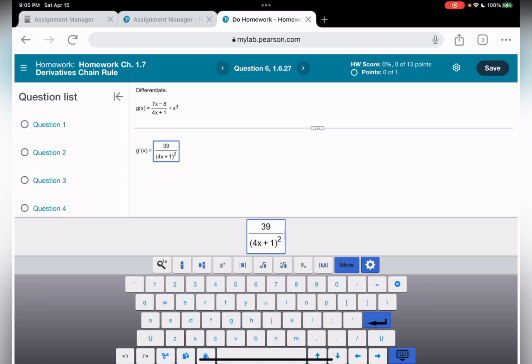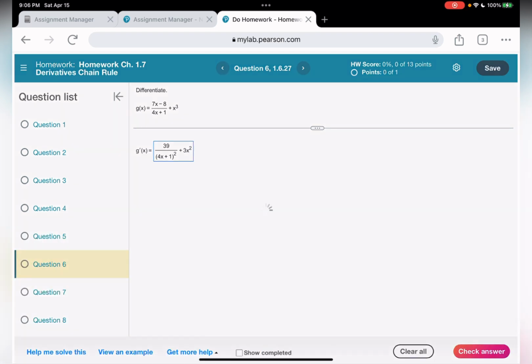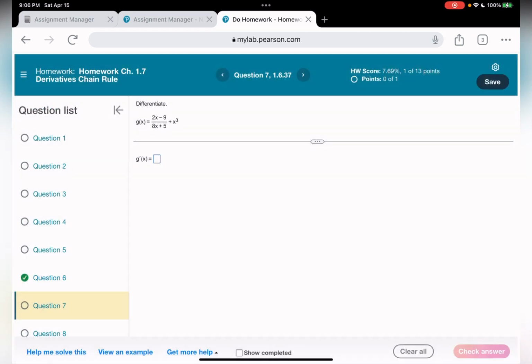And then after this I move up, plus 3x squared. Excellent job. So moving to number 7.